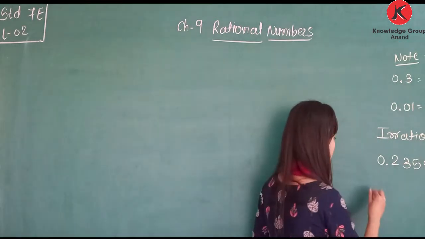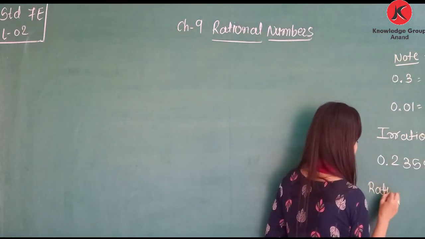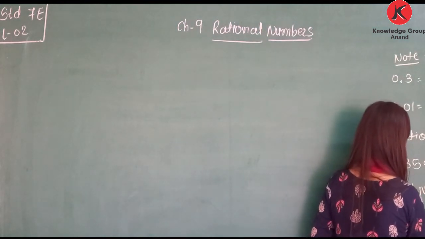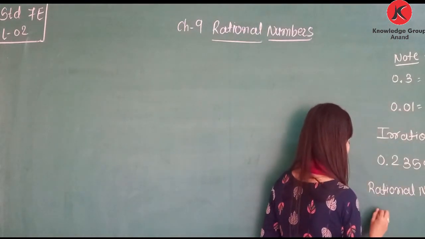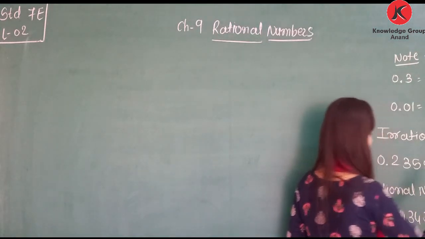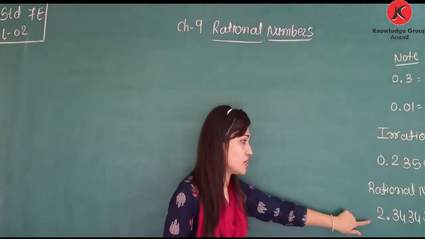And a rational number is like 2.343434, so this is a rational number.